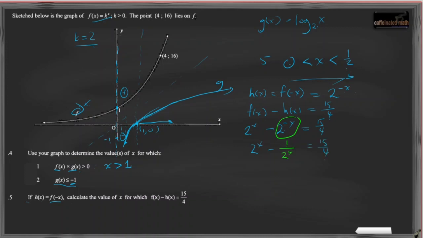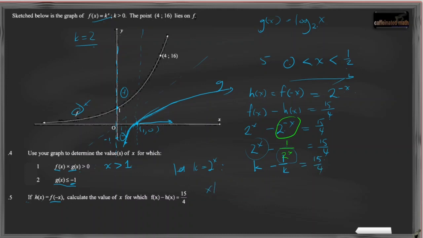Now if we use substitution, because we see that these two elements are exactly the same, we can say, let k equal 2 to the power x. That's going to turn this equation into k minus 1 over k, and that's all equal to 15 over 4.